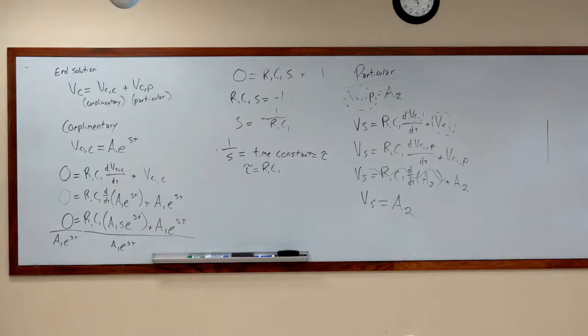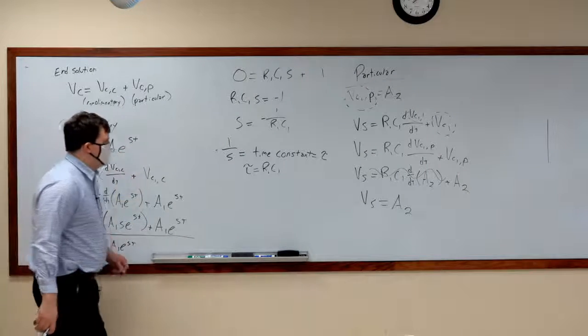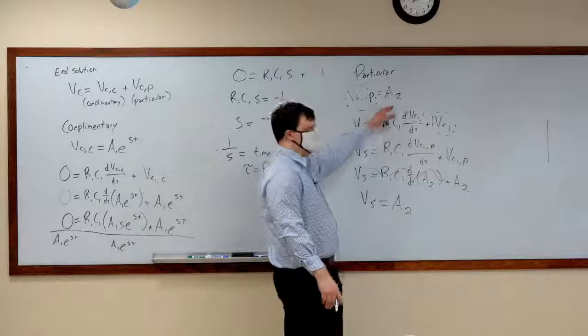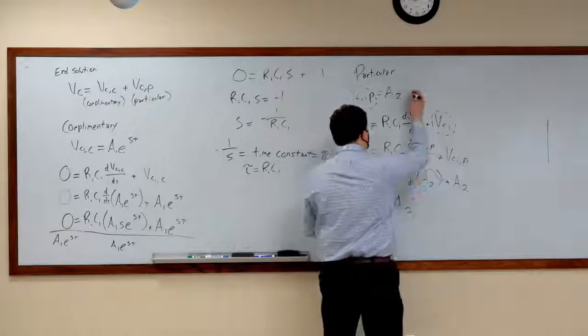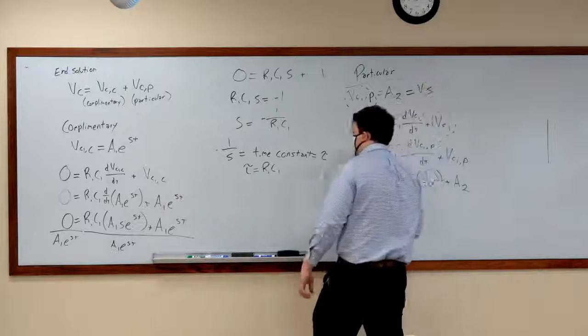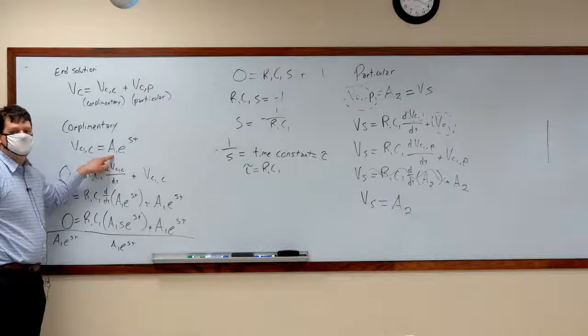And what that means is we know the particular solution. We know half of the complementary solution. We know what s is. We know what the particular solution is. We know what A2 is. It's equal to Vs. The only thing we don't know now is A1.